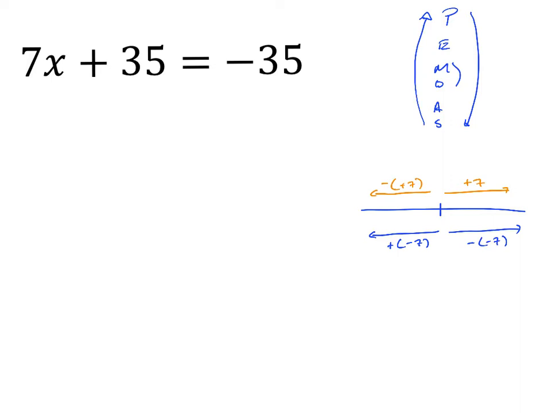If I'm looking at my operations here, this is multiplication and this is addition. If I look at PEMDAS, the last thing I'm going to do is addition, so that's the first thing I'm going to undo. To undo addition, I'm going to subtract 35 from both sides.